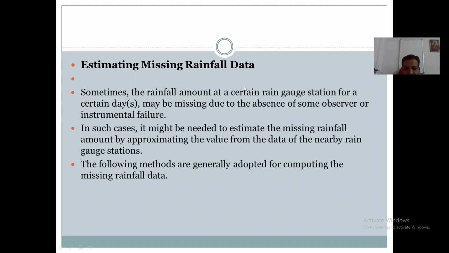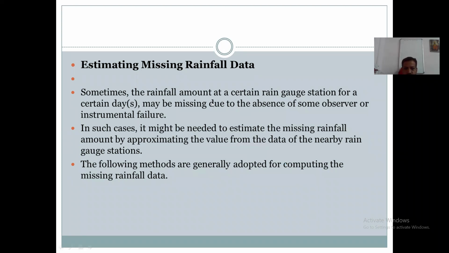For certain days during the rainfall, in some cases, the measurement is not taken by the observer, or there is instrument failure. If the rain gauge is faulty, it will not record the rainfall data.